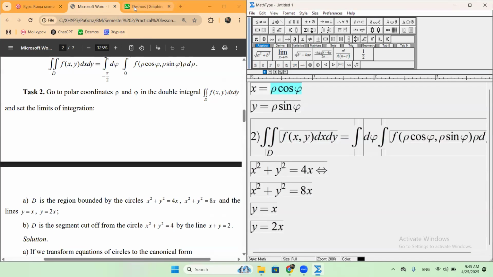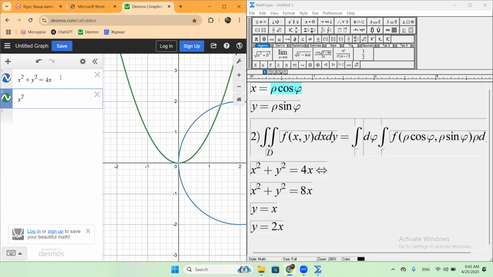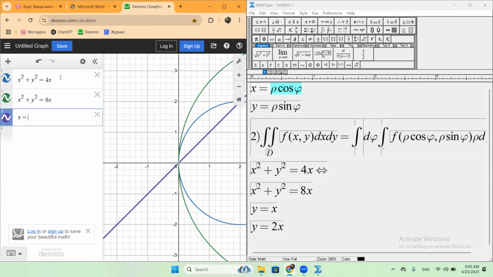Yeah, and also let's plot this region. So x squared plus y squared equals 4x, and x squared plus y squared equals 8x, then y equals x, y equals 2x.